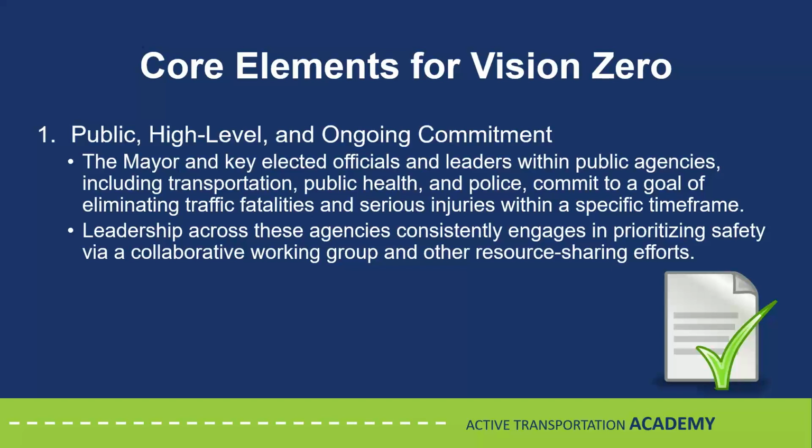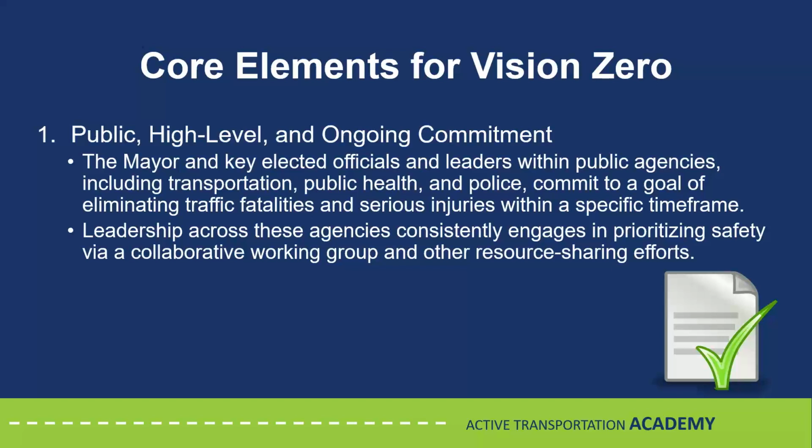This means your highest-ranking local officials, depending on what your jurisdiction is, that might be a mayor, village council members, a city manager, county commissioners, make an official public commitment to a Vision Zero goal to achieve 0 traffic fatalities and severe injuries among all road users. That includes people walking, biking, using transit, driving, within a set time frame. So by a specific year.